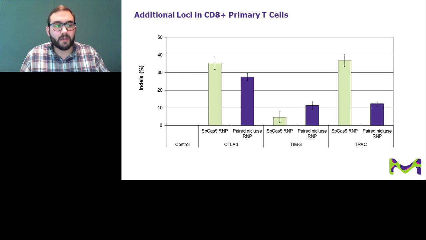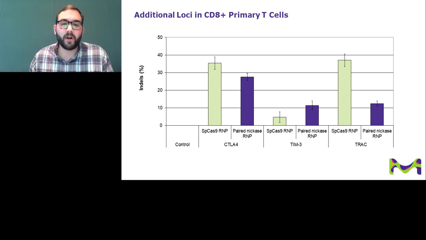In order to do this, we looked through different checkpoint immunotherapy literature and found 3 other candidates for protein targets that have potential therapeutic significance, and designed our guides to target these loci: CTLA4, TIM3, and TRAC. We went through all the preliminary steps as before for validation, testing in immortal cell lines and such before moving forward into testing in CD8-positive primary T cells.